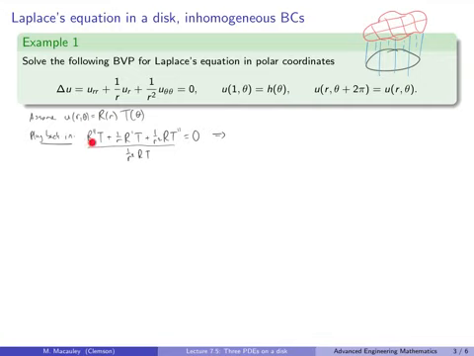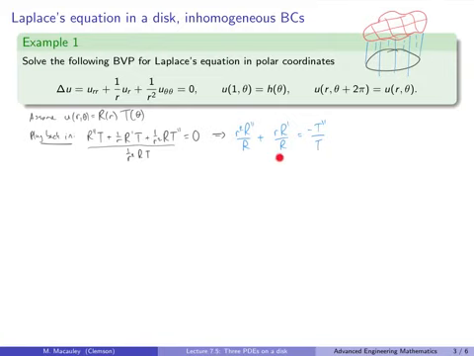The first term gives us r squared times R double prime over R. The second term is r times R prime over R. And then in the last term, the r's cancel, so let's move the T's over to the right-hand side, and we get this equals negative T double prime over T.